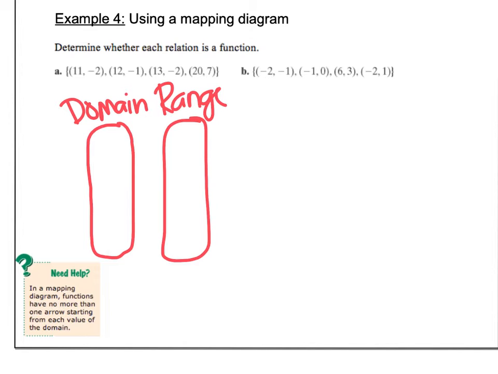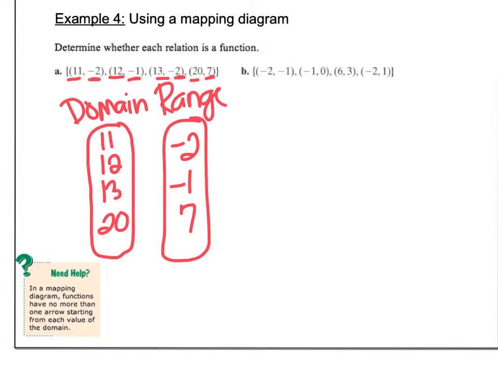The domain of example A is 11, 12, 13, and 20. Put those numbers in and don't repeat your domain values if you have two. Then we're going to put in our range values, -2, -1, -2, and 7, and don't repeat those either. -2, -1, and 7.